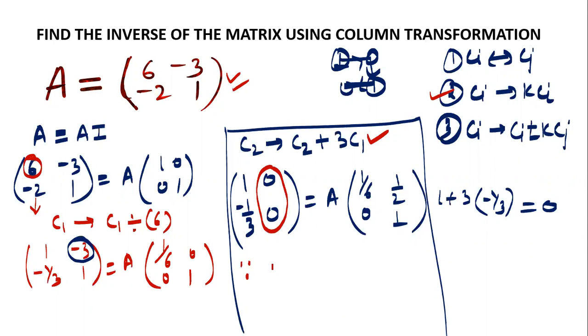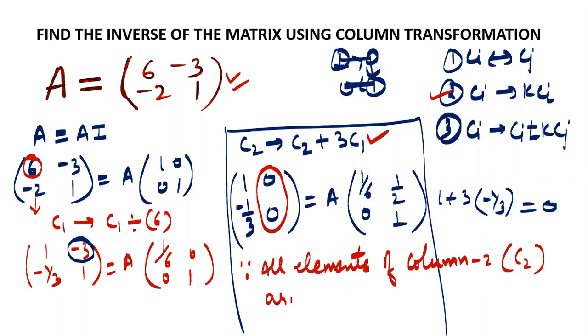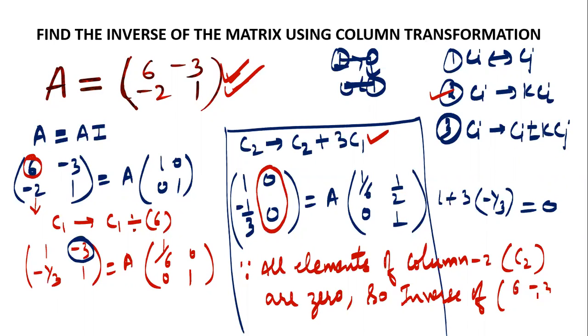And you will write down the reason: because all elements of column 2, that is C2, are 0. So inverse of given matrix, inverse of 6 minus 3 minus 2, 1 does not exist. So you have to be very careful. Sometimes it may happen that it does not exist.